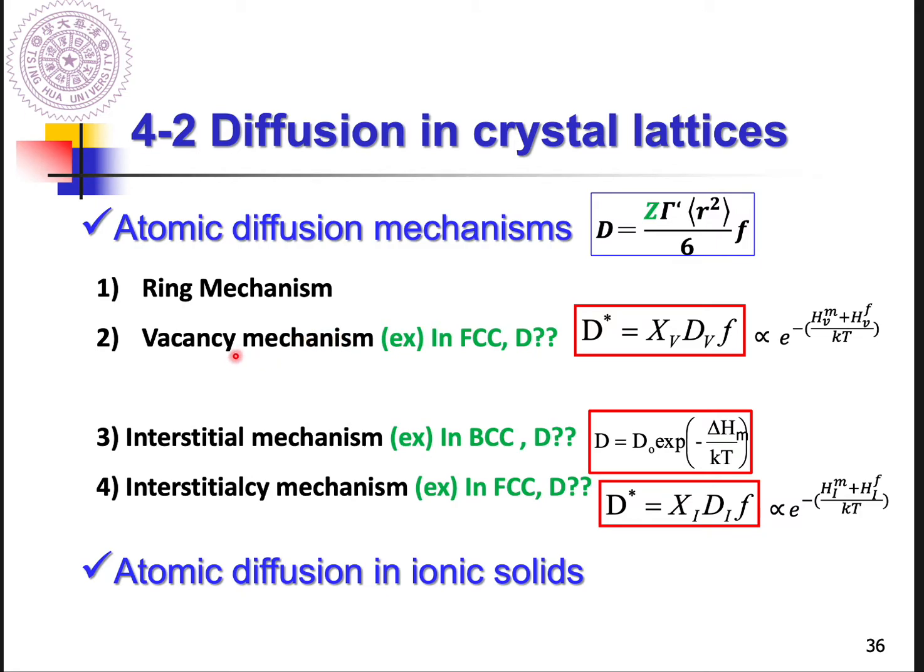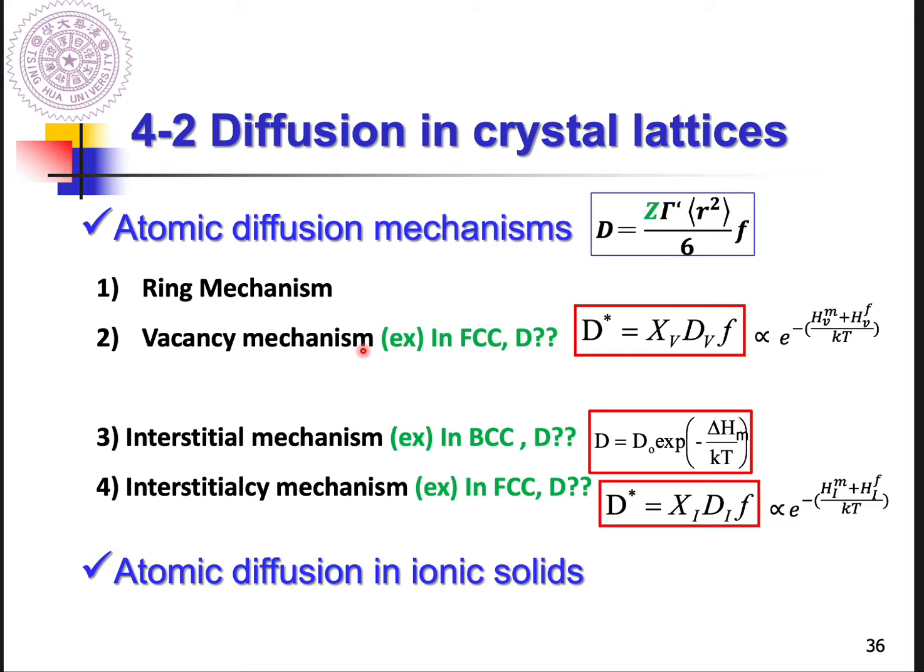The case we just mentioned for the vacancy diffusion mechanism is a pure material. All the host atoms are the same kind of atoms, and we discussed the self-diffusivity of these host atoms jumping into vacancy sites, right?